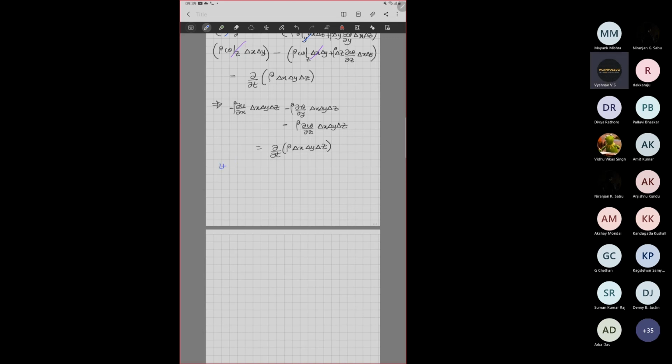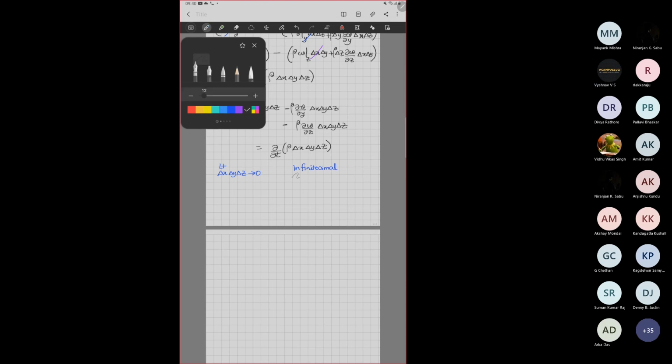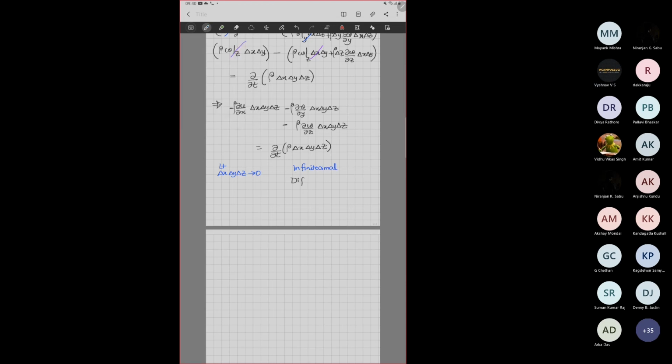So now ask a question: when the limit of delta x multiplied by delta y multiplied by delta z tends to 0, why are we looking at infinitesimal quantities? More properly, if we are going to look at something named differential analysis, anything in terms of differential equations, writing the calculus of things, the natural question to ask is this: delta x, delta y, delta z is independent of that.